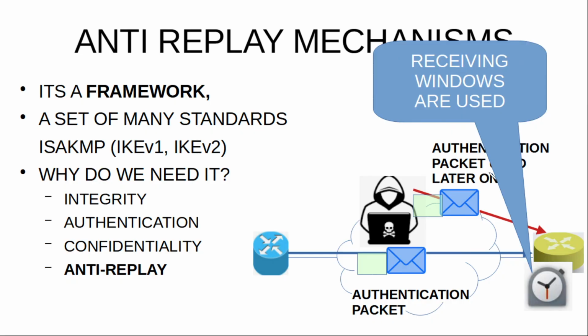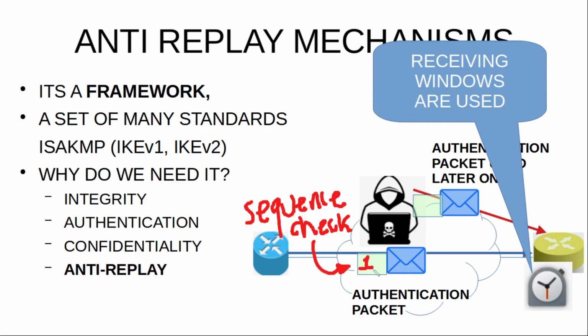So anti-replay mechanisms are based on using what we call a sequence number. So let's say that we add a new header field that we are going to call the sequence check number. And we are going to assign this header field a value, let's say 1.